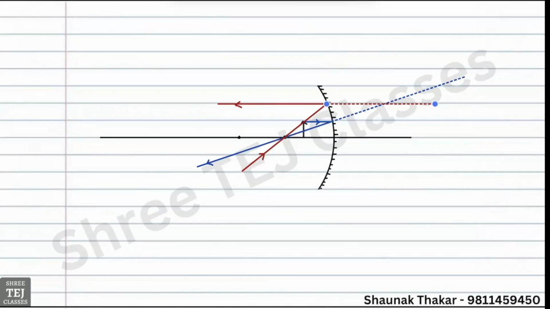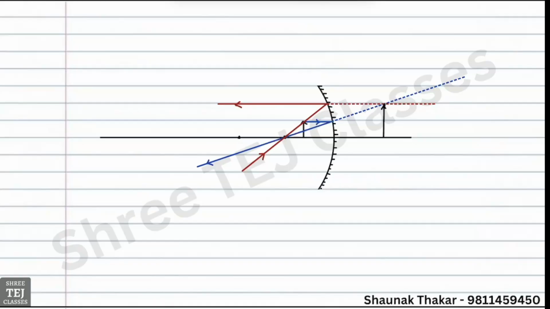As a result, we can see that we have obtained a point of intersection. That will be the image of the object. Let us mark that point and then drop a perpendicular to the principal axis. So this will be the image.